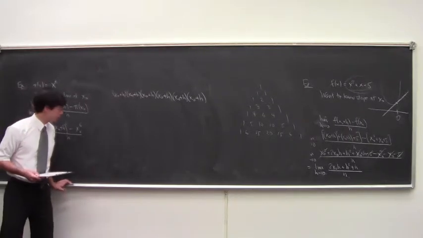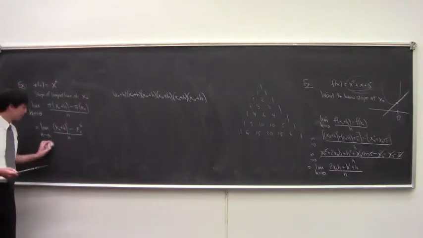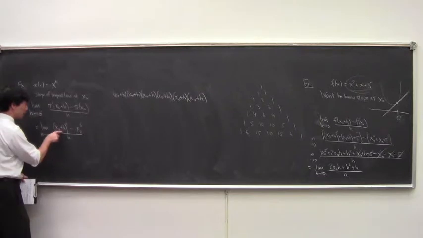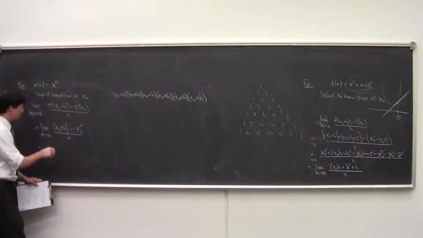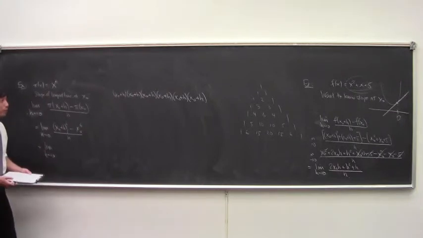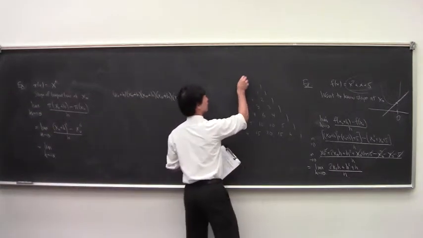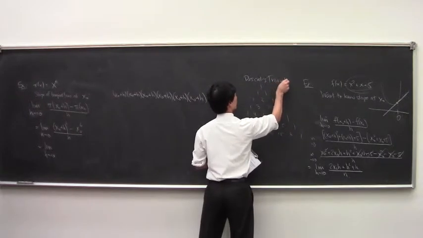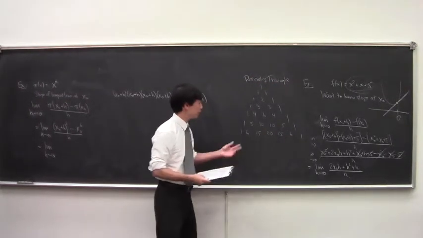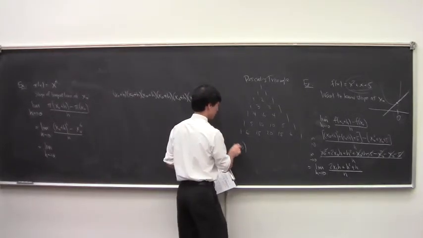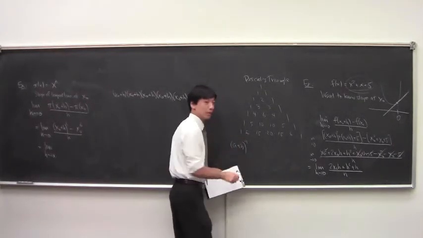Okay. What's the answer? You get x naught plus h to the 6th. Those of you who are familiar with Pascal's Triangle know that it gives you the coefficients for a sum raised to some power.